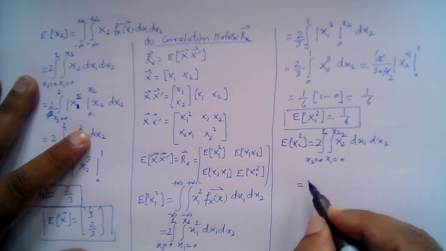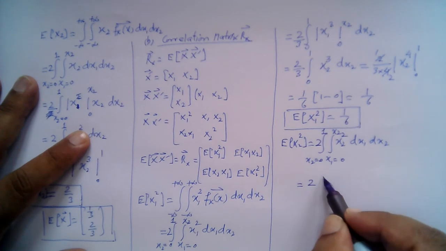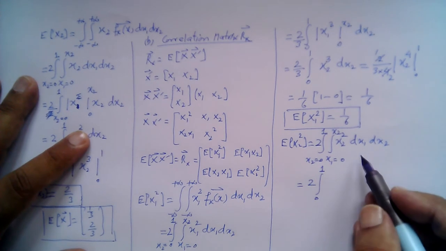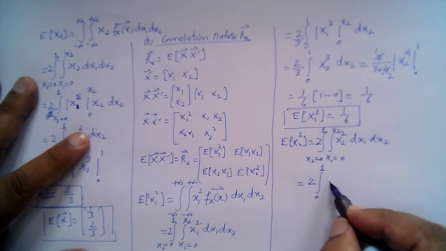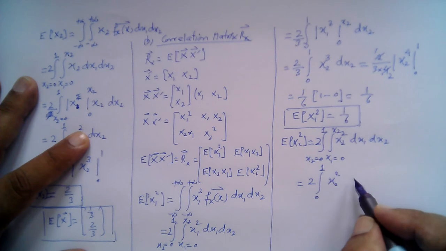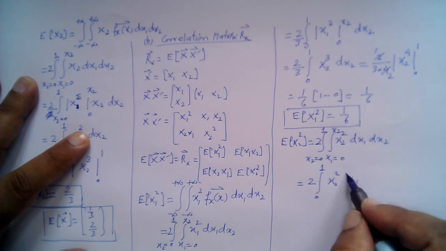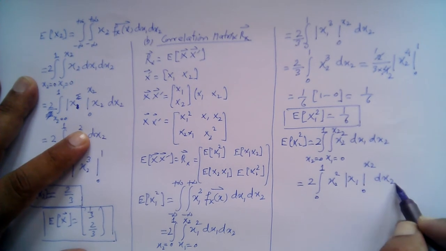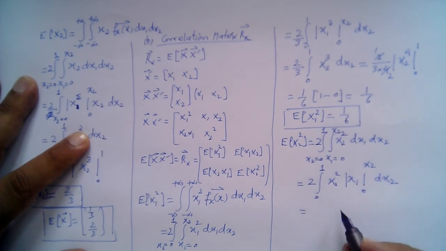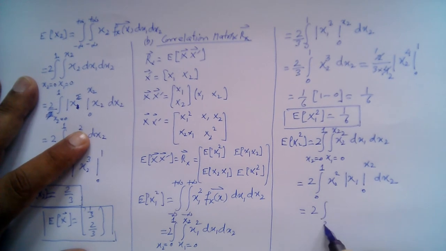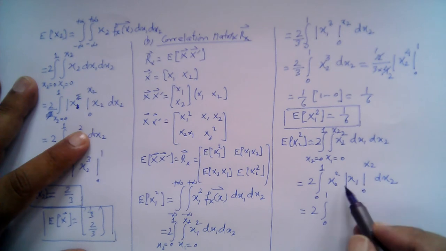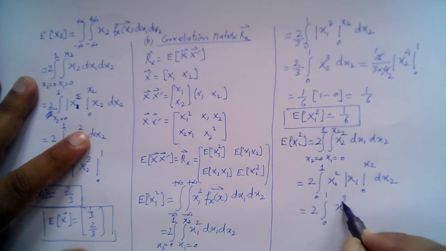So this 2 is a constant and x2 is 0 to 1. We are integrating first with respect to x1, so x2 square remains the same. So we get x1 here with limits 0 to x2 and a dx2. So this will become 2, 0 to 1, these limits. So this will be x2, and x2 multiplied by x2 square will be x2 cube, right?